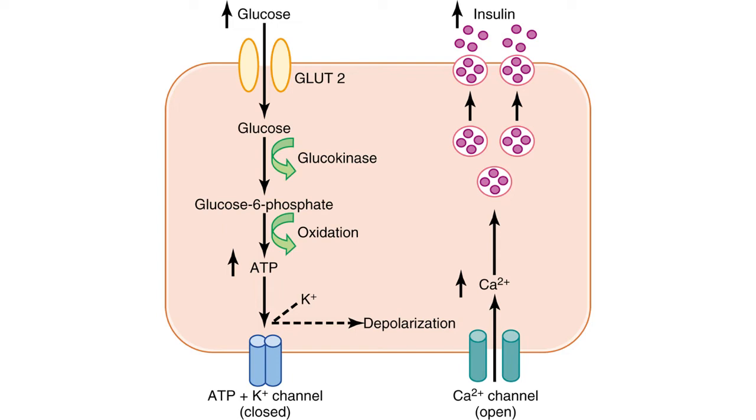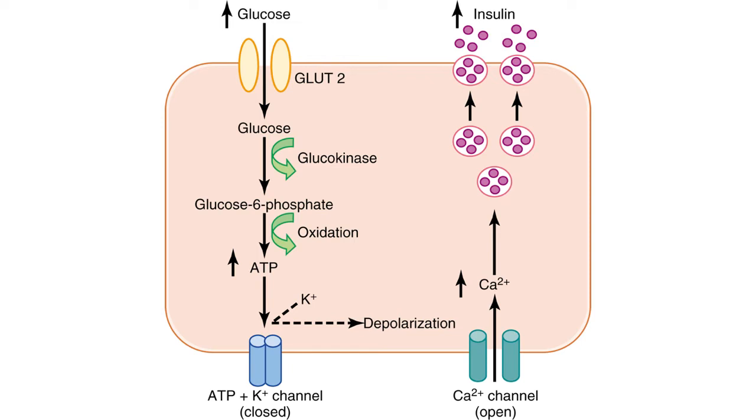So we have to understand again or remember that potassium has high levels intracellularly compared to the extracellular environment. So if you close the potassium channel in response to high levels of ATP, potassium will build up or increase in concentration intracellularly.